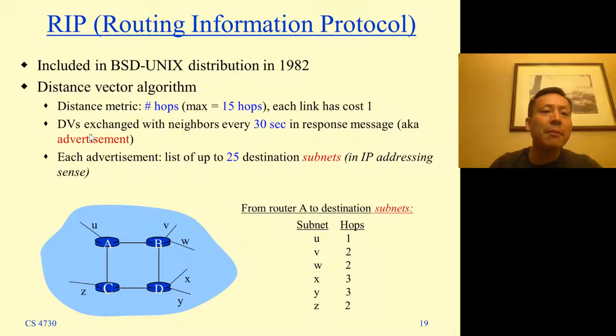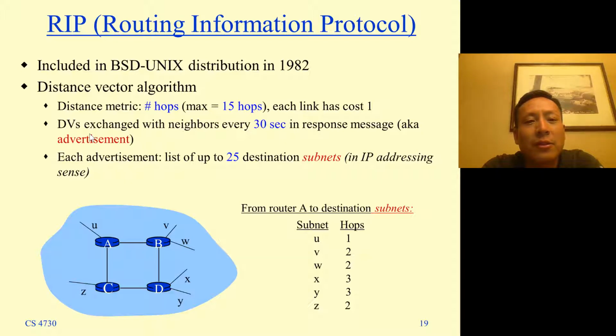So for the RIP protocol, we mentioned that it is a distance vector routing protocol. It was originally invented in 1982, and was included in the BSD Unix distributions. We know that it is a distance vector algorithm, so we need to define the distance metric.